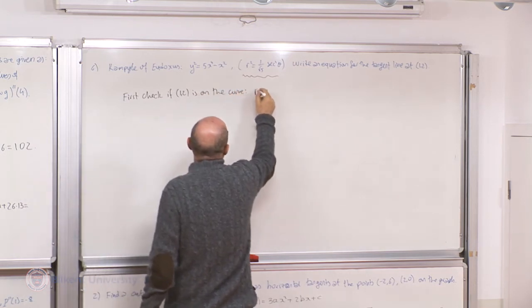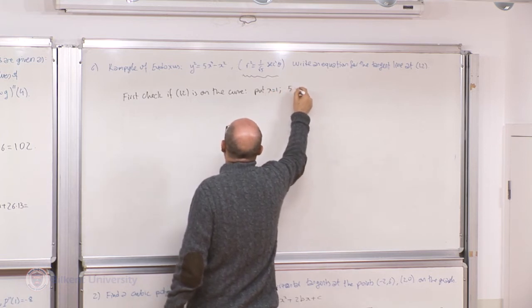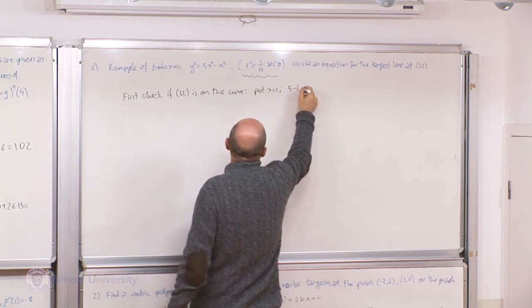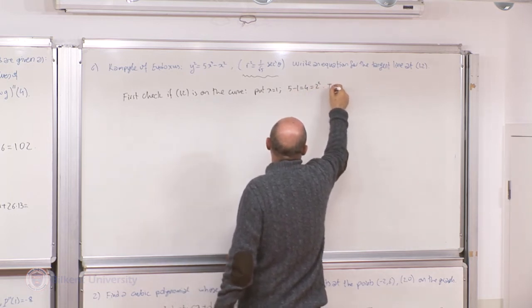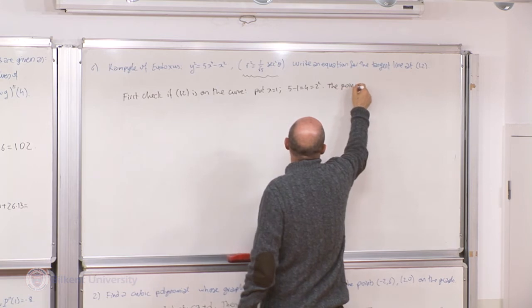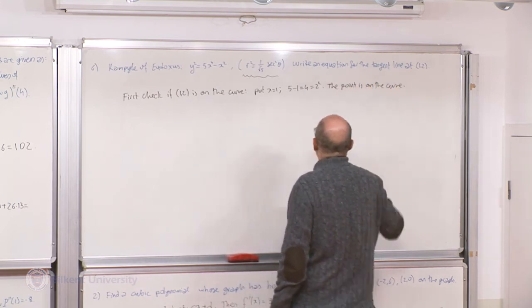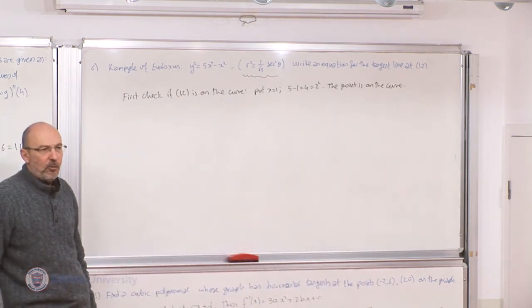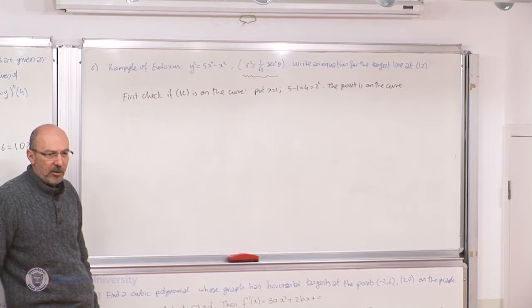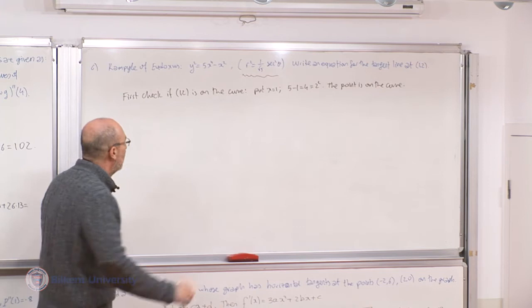Put x equals 1, so you have 5 minus 1 equals 4. So this is equal to 2 squared. The point is on the curve. Now we have a simple problem. We just find the slope of the curve at that point, and then we write the equation of the tangent line.